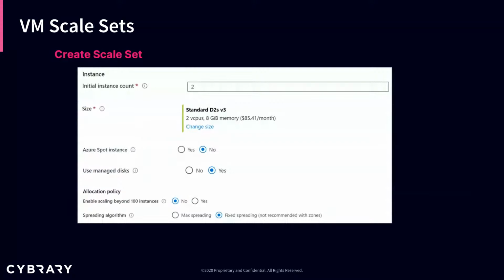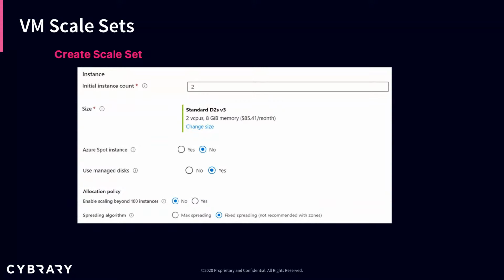So let's look at the screenshot of when you're creating a scale set. You'll see that you have the instance count, as to how many instances you're going to create. You will see that there is Azure Spot instance. This is the same thing we just talked about, that Azure has a Spot VM.